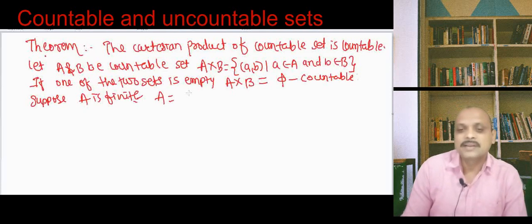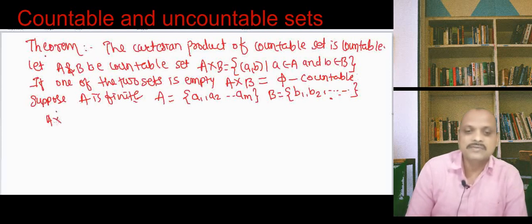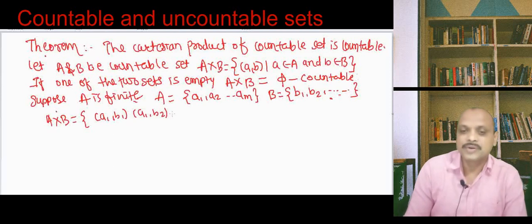Suppose the elements of the set A are a1, a2, up to am, m finite elements, and obviously B is infinite. So we write the elements of B as b1, b2, and so on for our convenience. Now what is A cross B? A cross B is the collection: first (a1, b1), then (a1, b2), (a1, b3), (a1, b4), and so on.